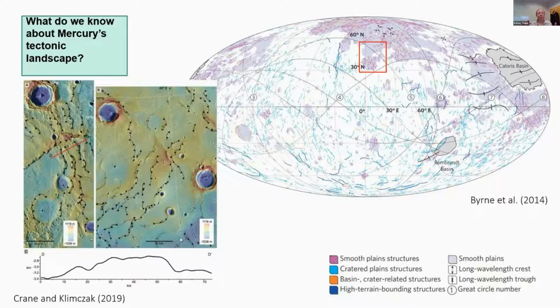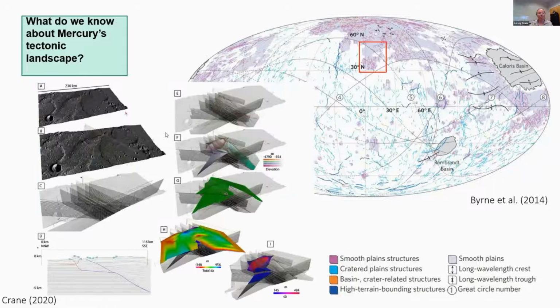We see systems of structures, so these definitely aren't isolated landforms. They can either be systems of linear structures or systems of arcuate structures that all seem to be related with similar vergence. And we can then go into the subsurface and understand how the faults are related.